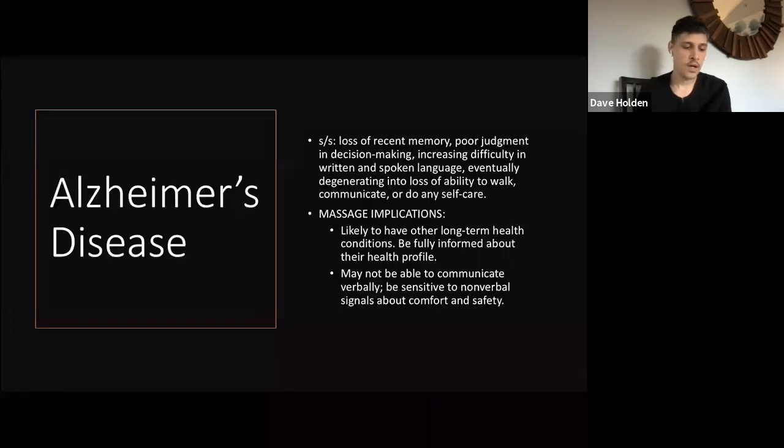Signs and symptoms include a loss of recent memory, poor judgment in decision making, increased difficulty in written and spoken language. So we just capsulized a lot of different symptoms there. We could be looking at things like they forget words or they use the wrong word for something.